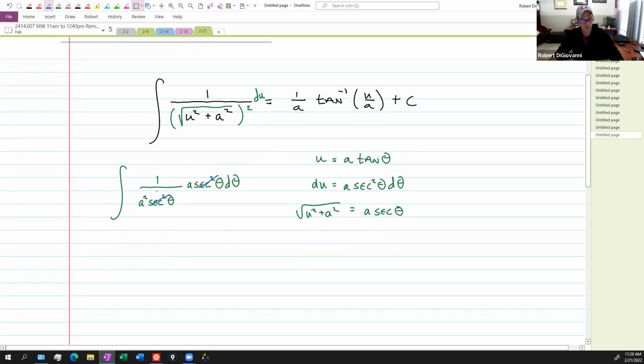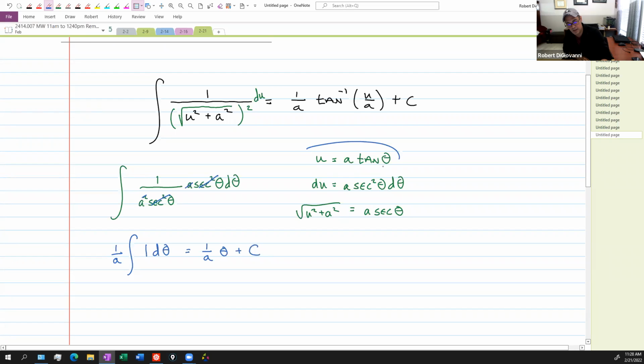Secant squareds cancel. One of the a's cancels. So I can pull a 1 over a out front, and all that's left is 1 d theta. Right, because secant squareds cancel. And the antiderivative of 1 with respect to theta is just theta. So you get 1 over a theta plus c. But what's theta?